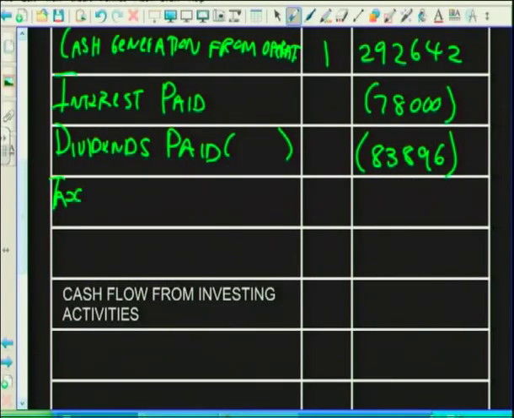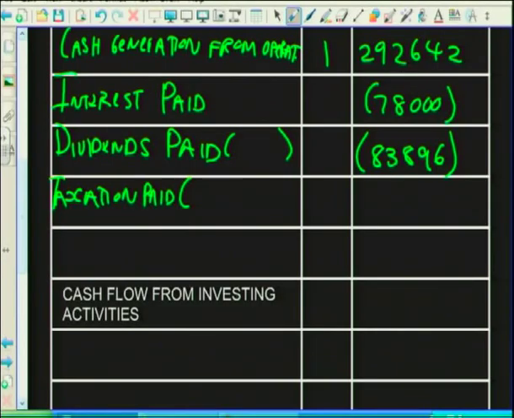Dividends paid entered. Our next item is taxation paid. And for taxation paid here, guys, we need to show bracket work because we haven't come across taxation paid in previous questions. So let's start with our bracket work.